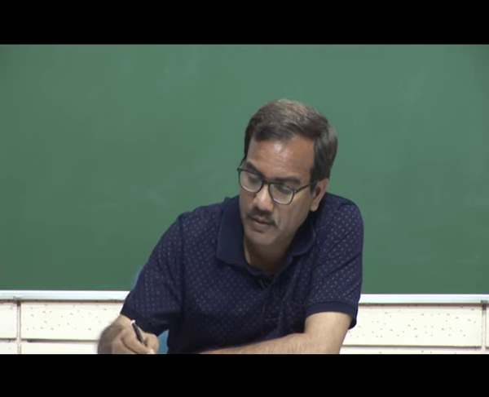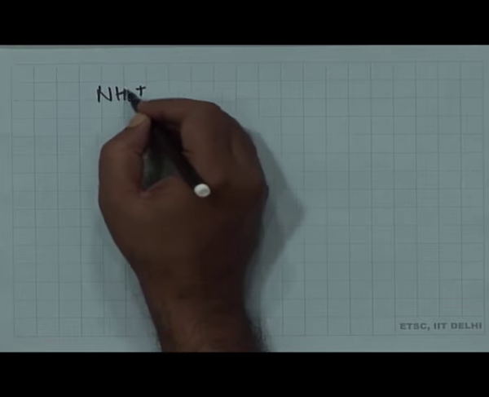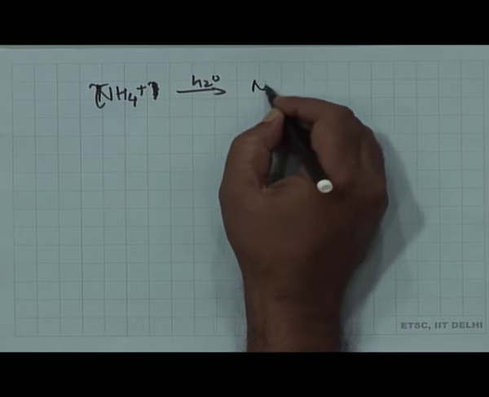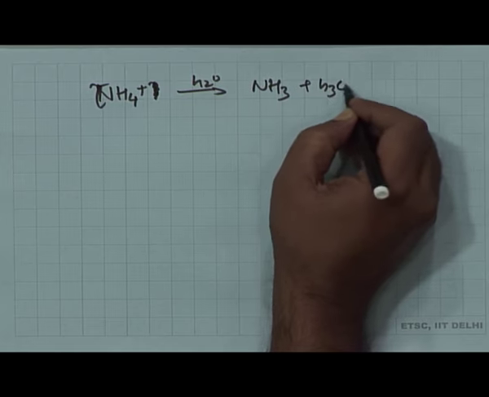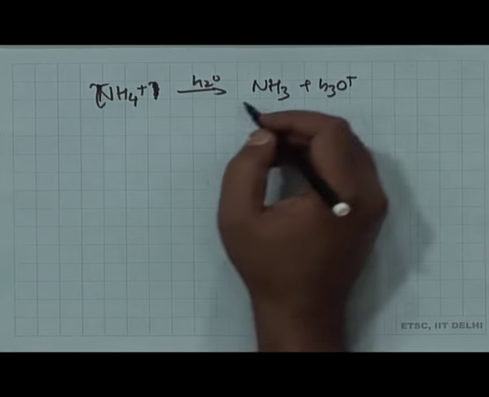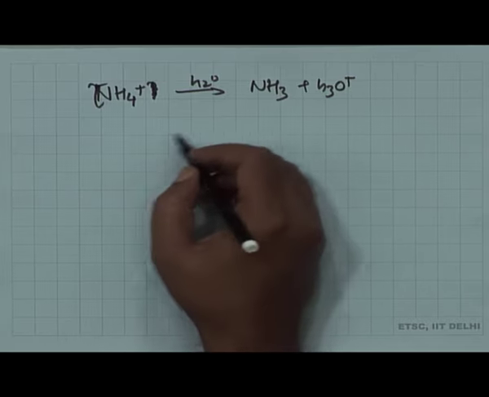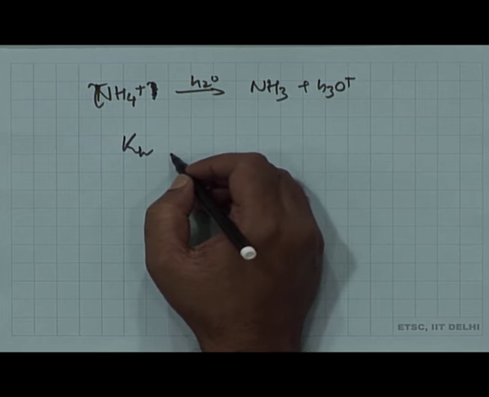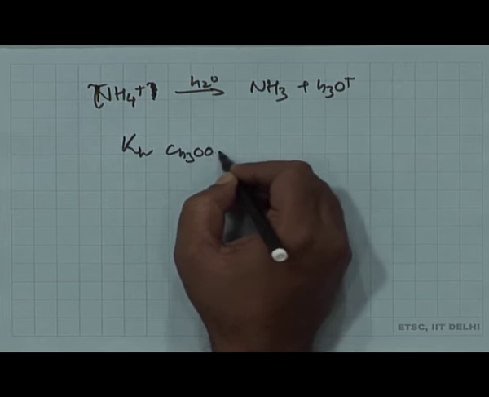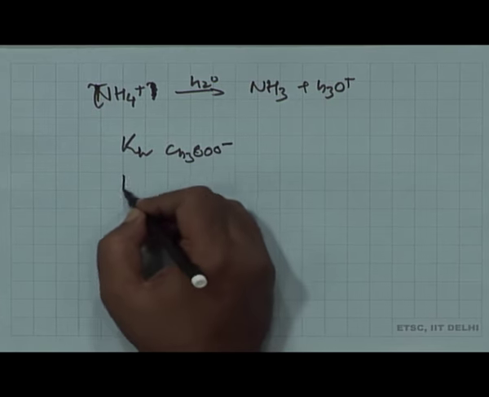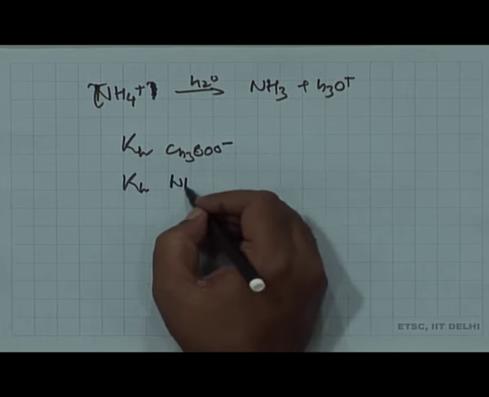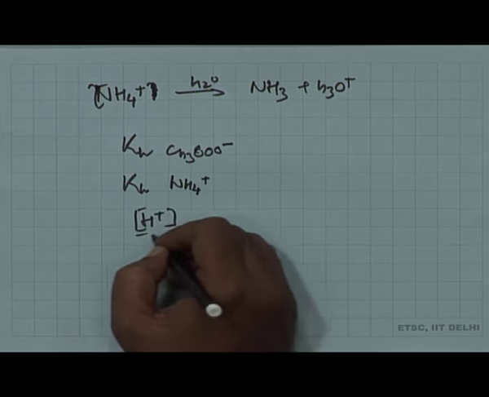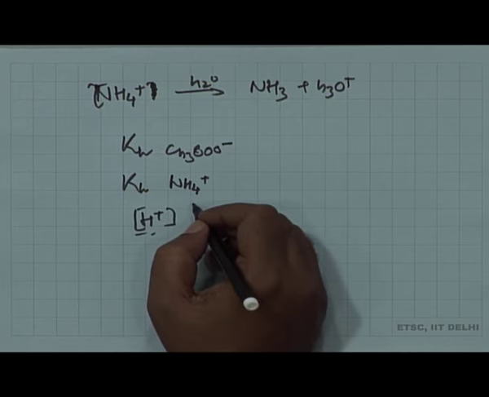When the ammonium ion hydrolyzes in water, it will give you ammonia plus H3O plus. Based on that, again you can write Kh for your acetate ion and Kh for your ammonium ion, and then finally you can calculate the H plus ion concentration the way I have done for the other salts. So, thank you.